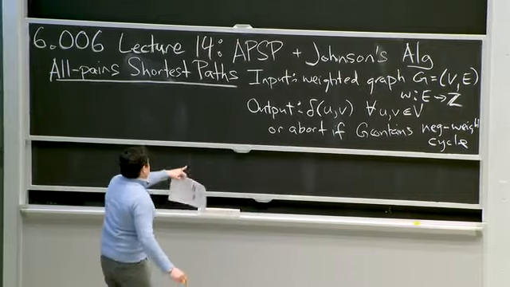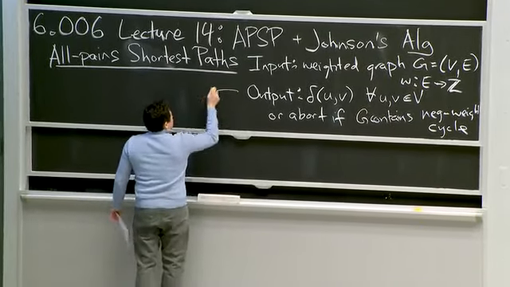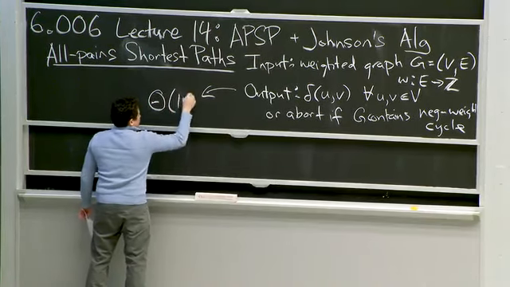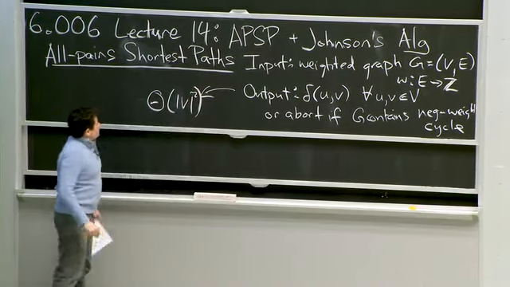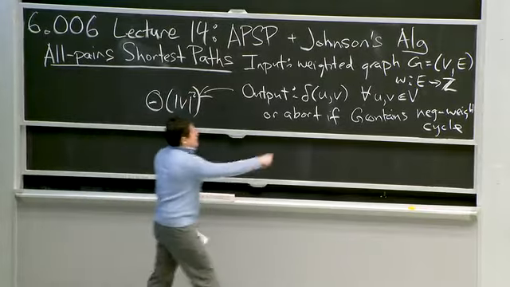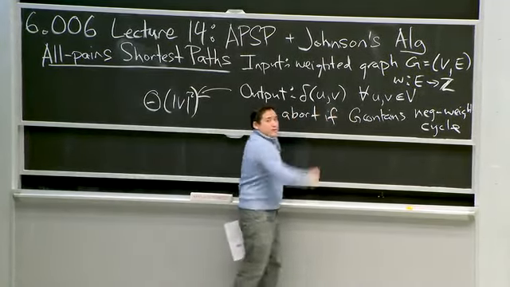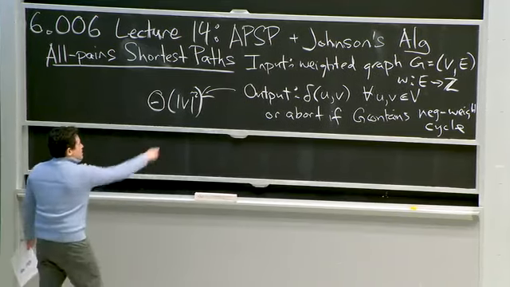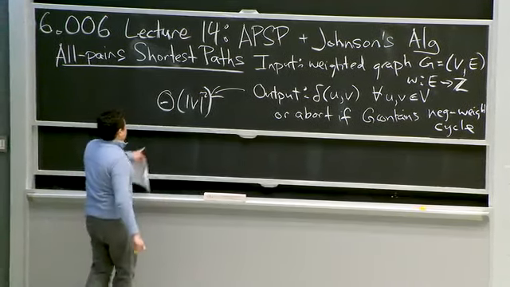Now, in particular, the output needs to have size theta of V squared, right? Because for every pair of vertices, I need to return to you a number, or infinity, or minus infinity, or something like that. But we are not dealing with the case with minus infinity.